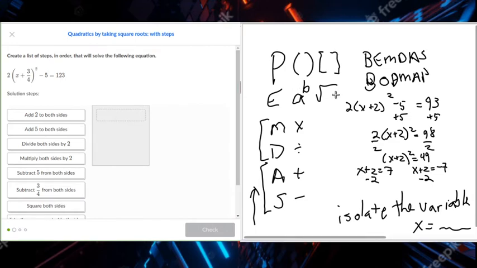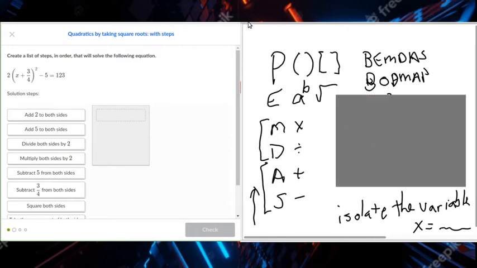Okay, let me get rid of this. I'm going to make a really ugly one. All right, so we're going to start with 2 times x plus 3/4 squared minus 5 is equal to 123.